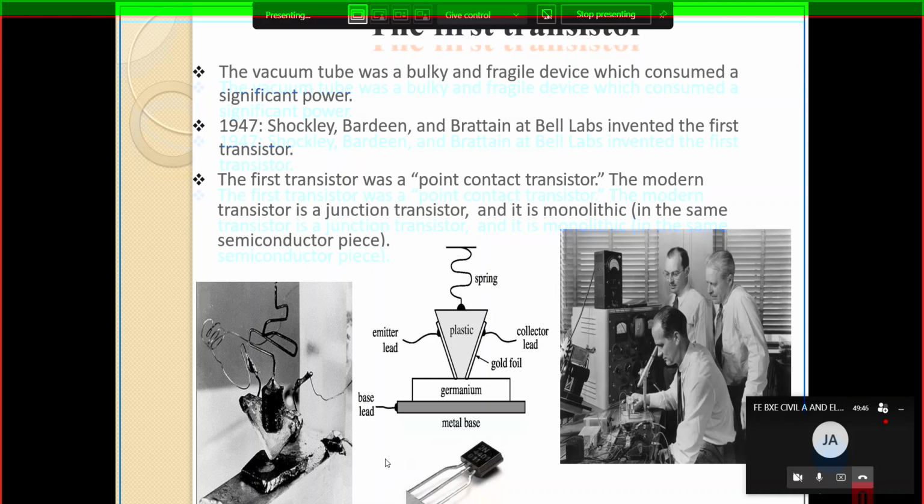Right now what I am teaching, we will learn the previous technology, because this is the prerequisite of transistors.